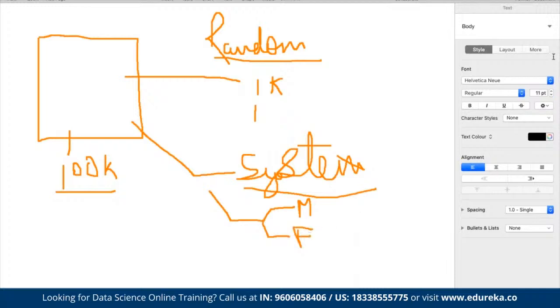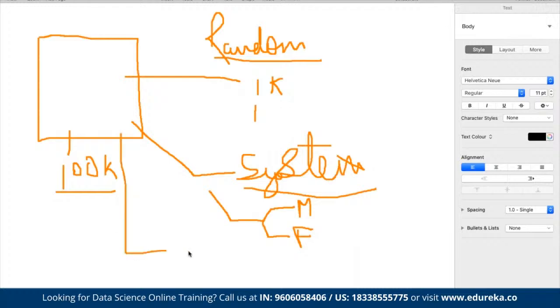There are no further subcategories required here. We have simply divided them on the basis of the gender group as a part of systematic sampling here, right? Or it can be based on age group.